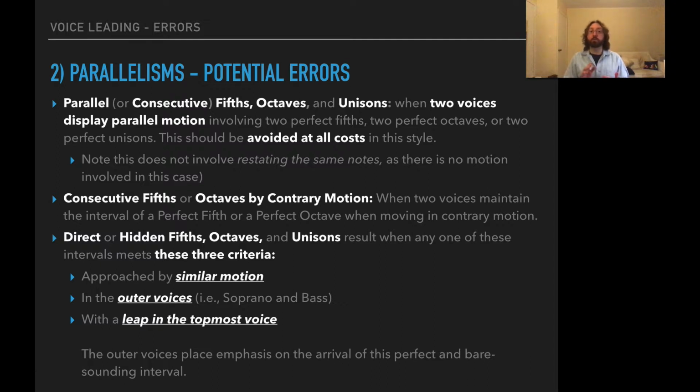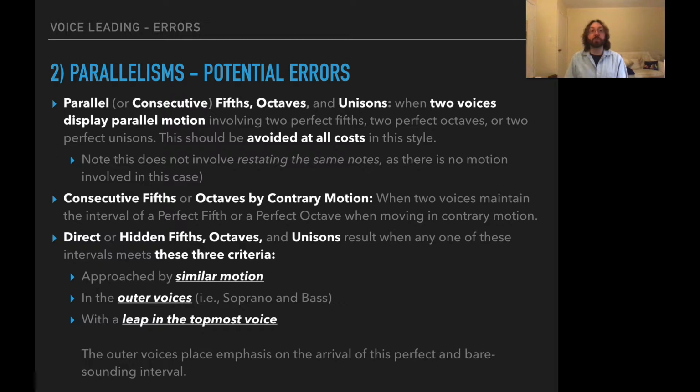So this is when we arrive on an octave, unison, or fifth, involving the outer voices, they're going in similar motion, and there's a leap in the topmost voice. Here's an example of this. Let's say that we are approaching a cadence.